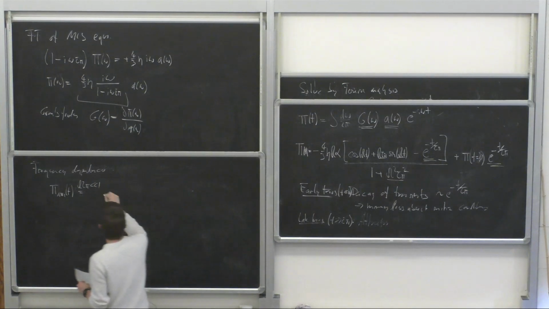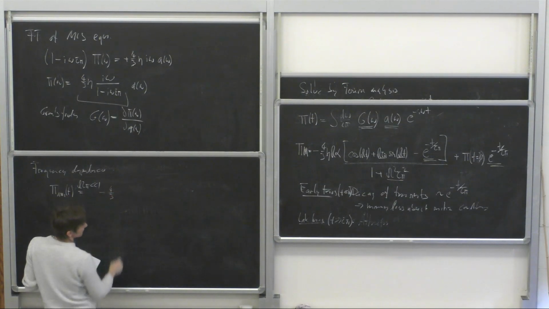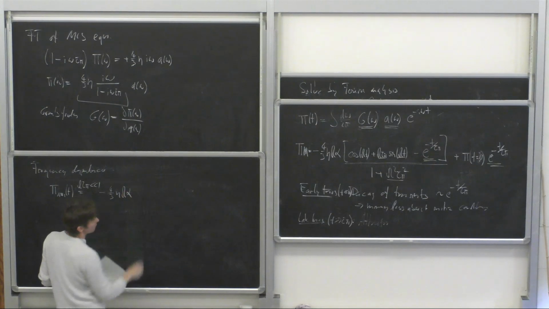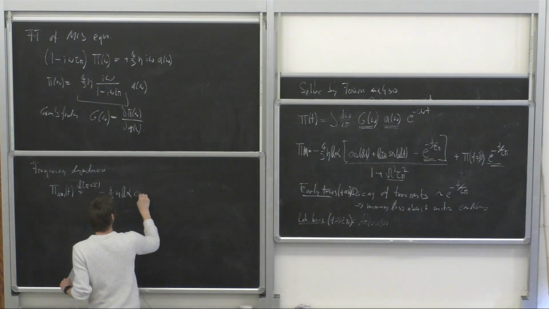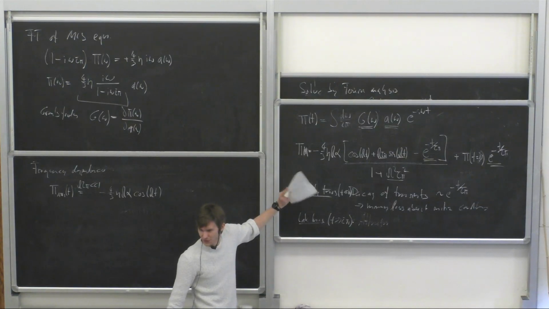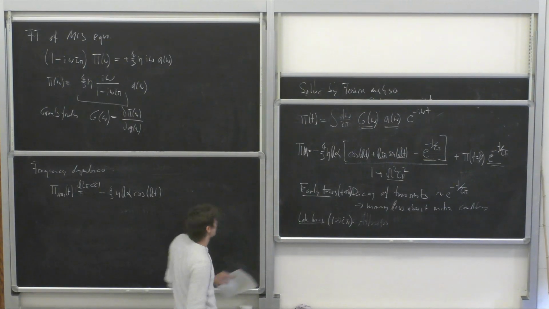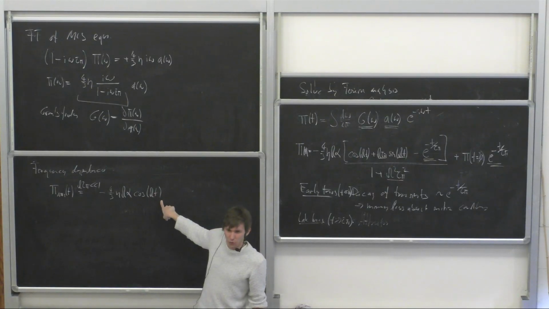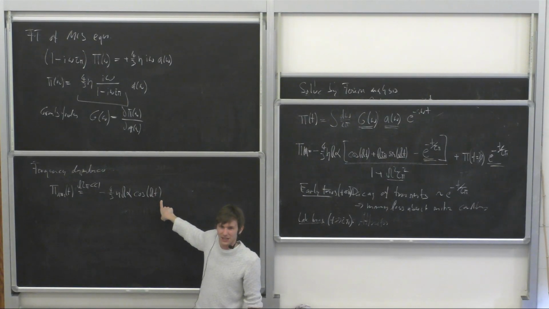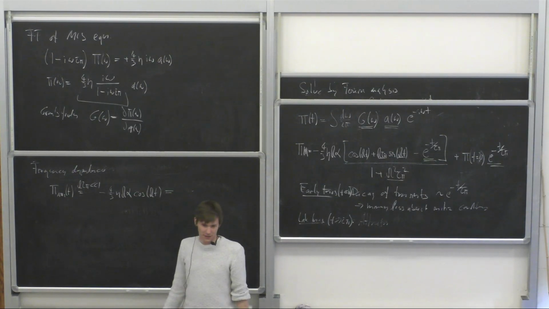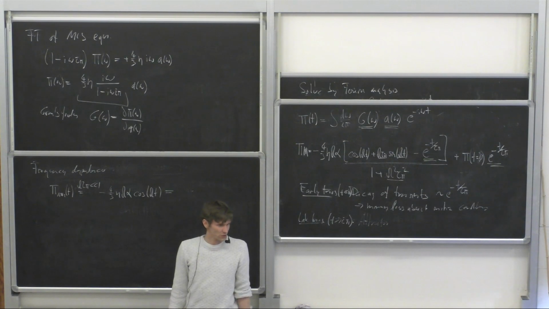So what I get is 4/3 eta omega alpha times cosine omega t, and there's an overall theta function here that I didn't write. Sorry about this. This expression looks familiar, right? This was exactly what we had written as the driving of our equation. So this is nothing other than just the Navier-Stokes solution.